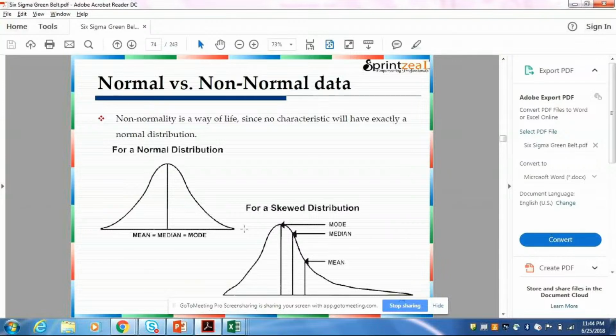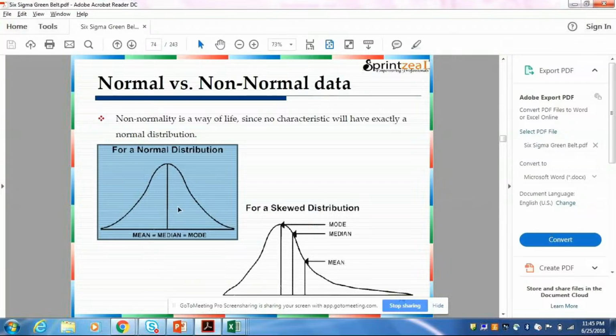So if we do get a not normal distribution, we have to convert it into a normal distribution wherever we can. If we cannot do that, then we would live with the not normal distribution and apply the relevant test. The one that I've highlighted is for normal distribution. It's a perfect bell curve. Mean is exactly at the center, cutting the bell curve into half.